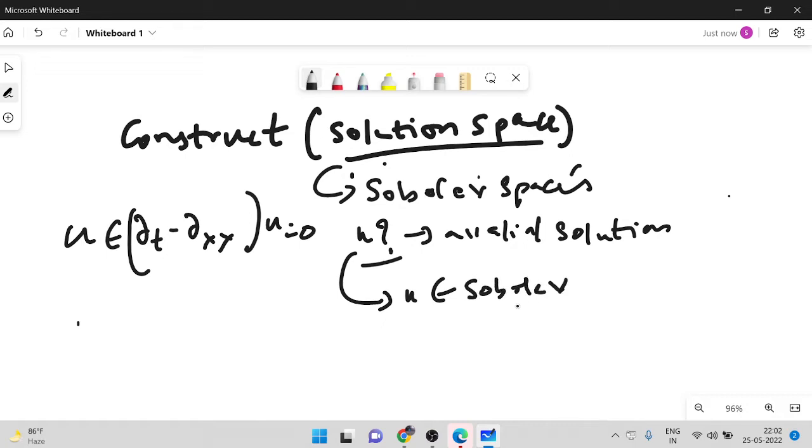Now to construct Sobolev space, it will take some lectures. For that, we first go to convolution of functions.